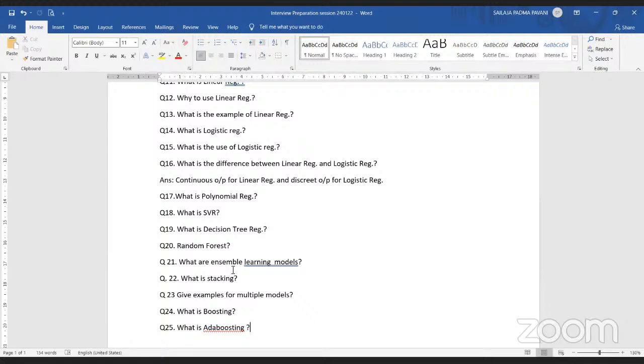And another question: which type of algorithm plays an important role in ADA boosting? Which algorithm plays important role in ADA boosting? Next question for you.